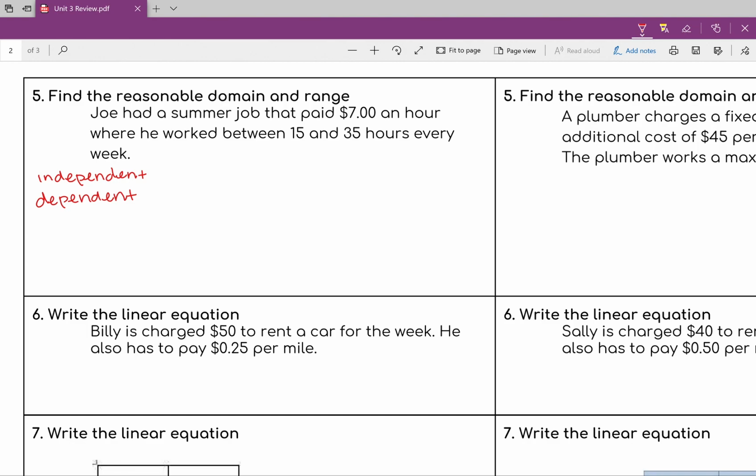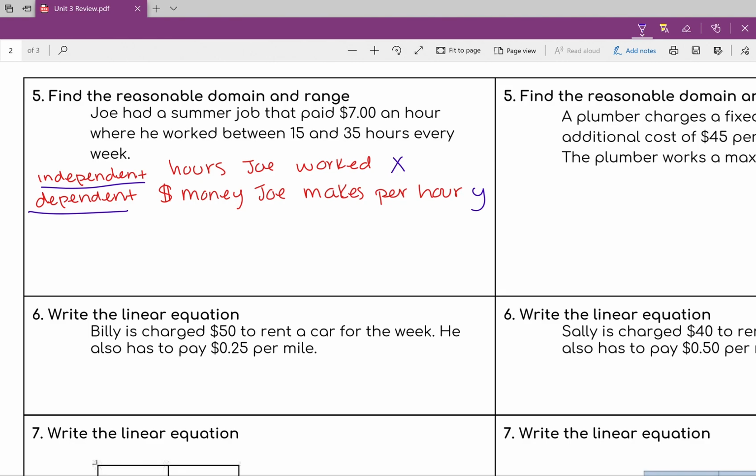So the money Joe makes per hour depends on how many hours he works. So that means the independent variable is hours Joe worked. So remember that independent is our x and dependent is our y. Okay?